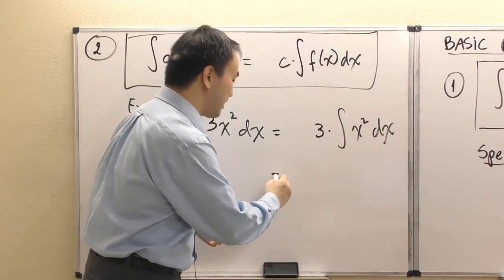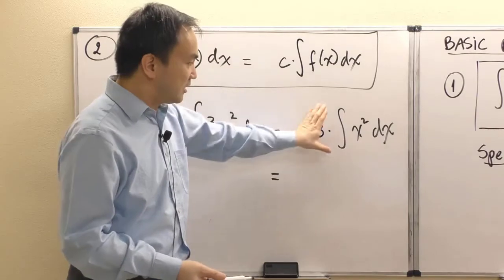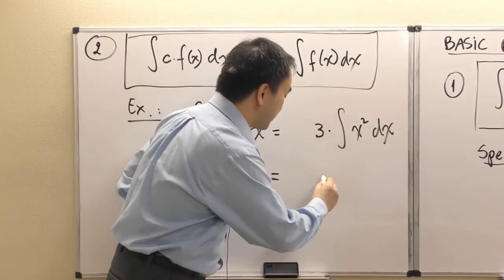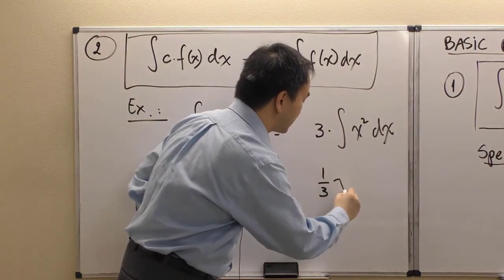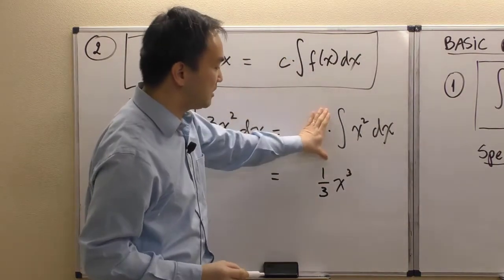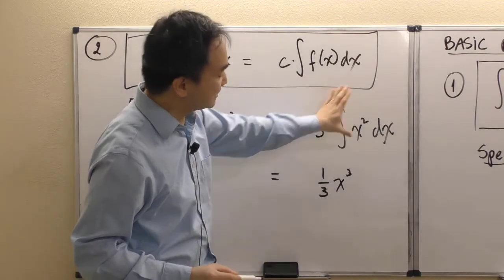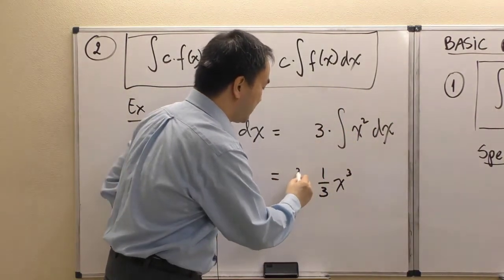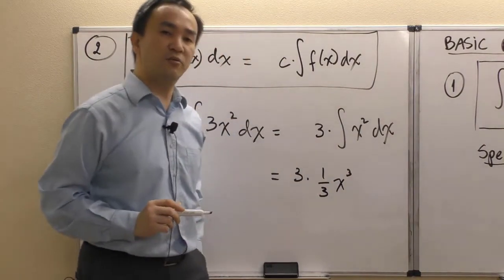And so now we can, without any worries, go ahead and find the antiderivative of x squared. That gives me 1/3 x cubed according to the power rule that we have learned. And then all of that needs to be multiplied by 3.